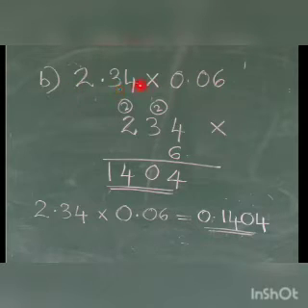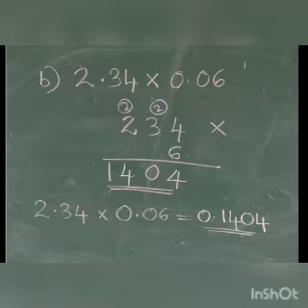Now when we look at the question, we have both numbers as decimal numbers, isn't it? Here after the decimal point we have 2 places. Here also after the decimal point we have 2 places, which means in the product you have to add these places. What is 2 plus 2? 4. You have to take the sum of these places in the product.